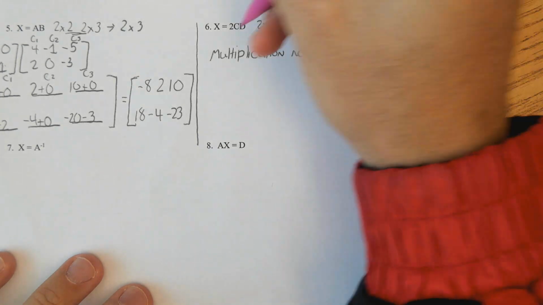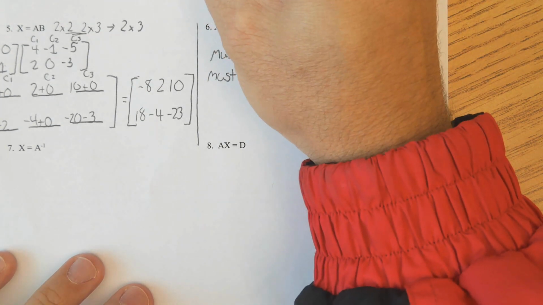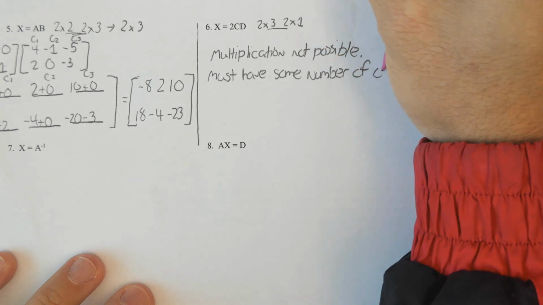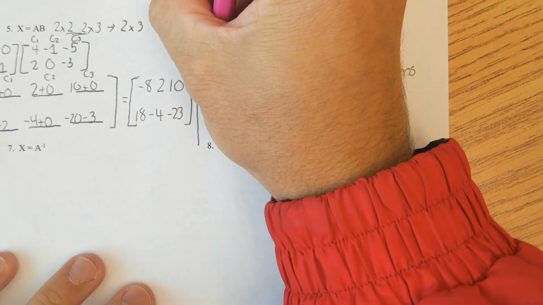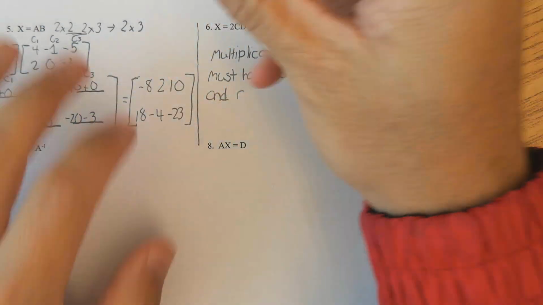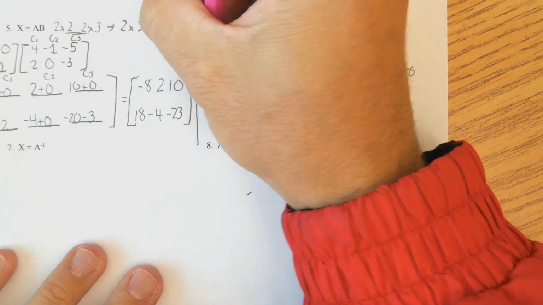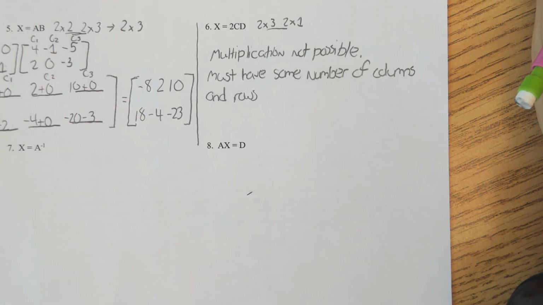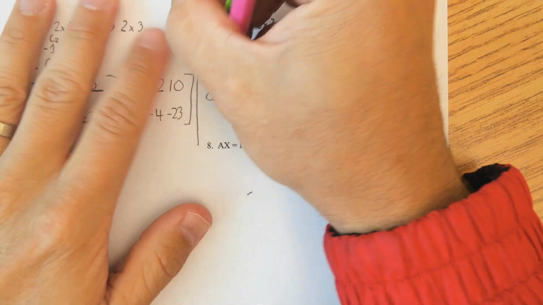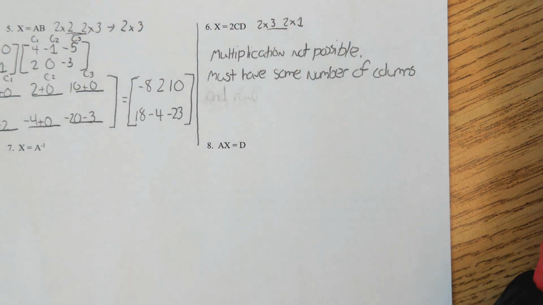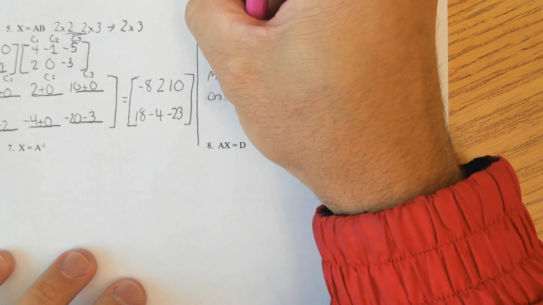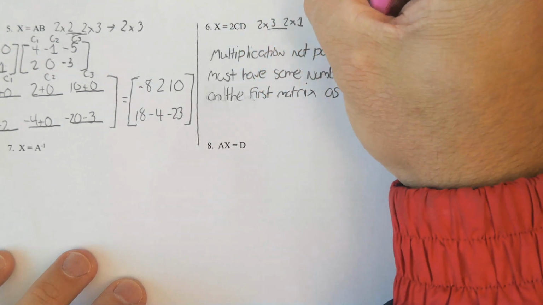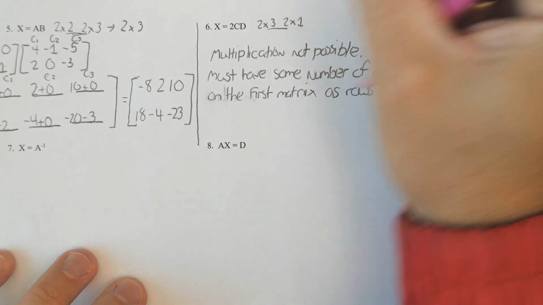The reason why, if I ask you why: it must have the same number of columns on the first matrix as rows on the second.